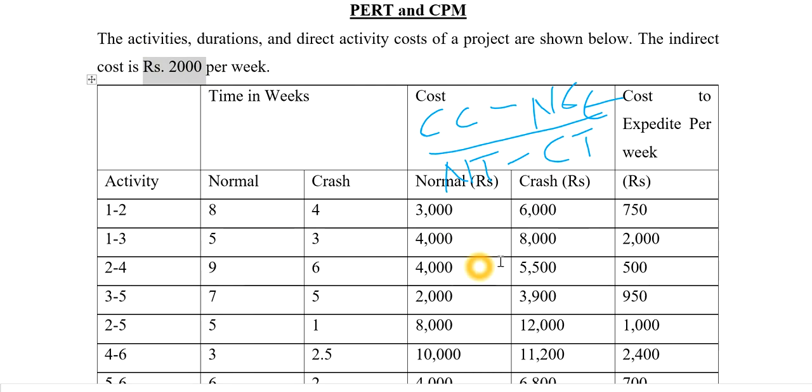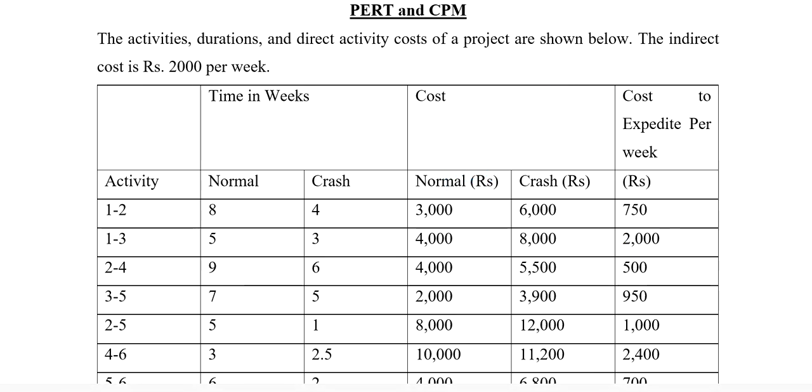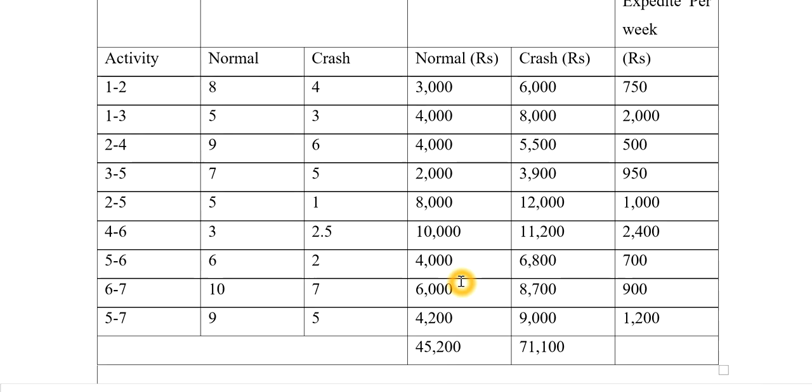Moving forward, the next thing we have to do is calculate the total of normal and crash cost, which is given here. The total of normal cost is 45,200 and the total of crash cost is 71,100, which is given in the question. So now we will make the network.